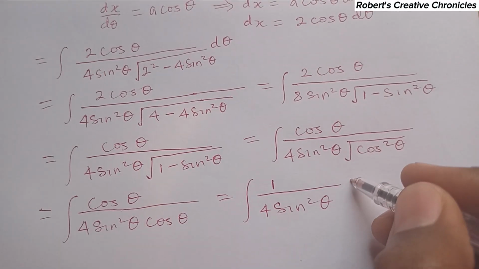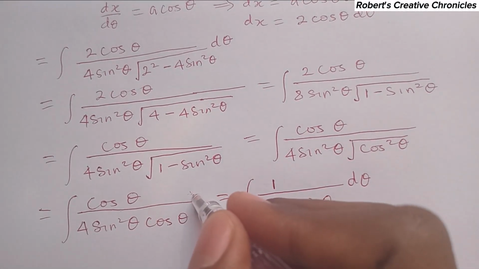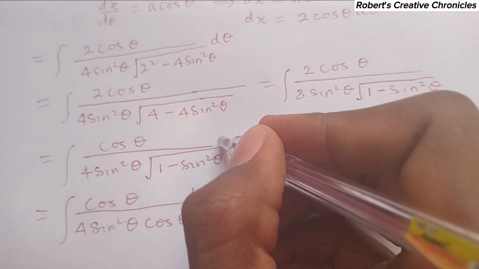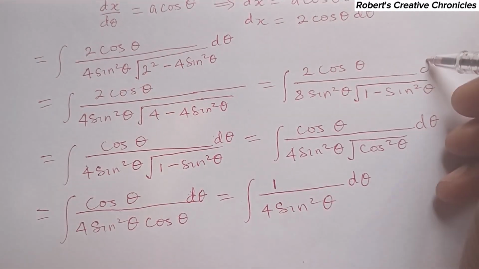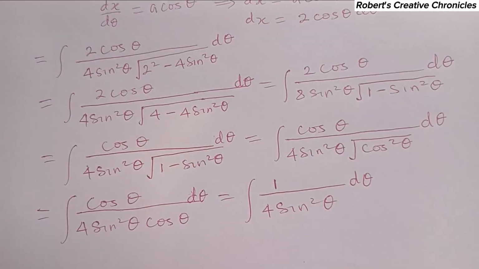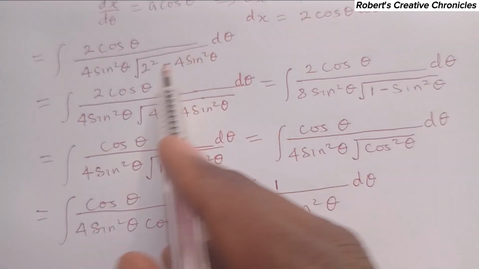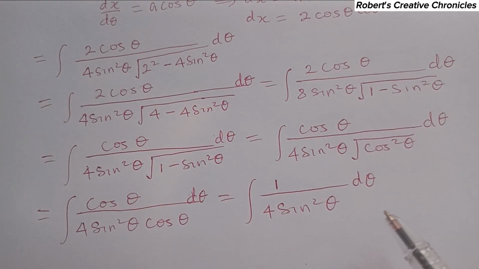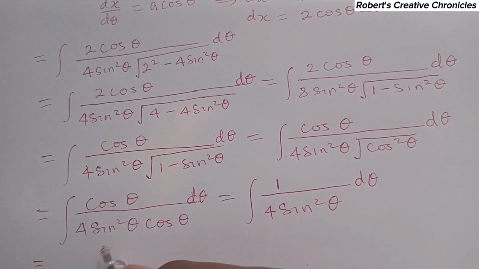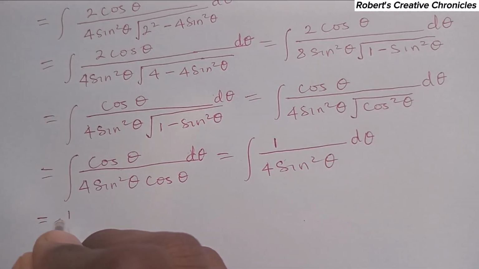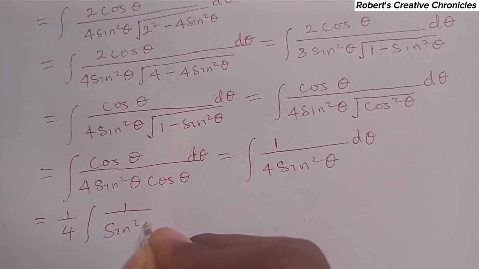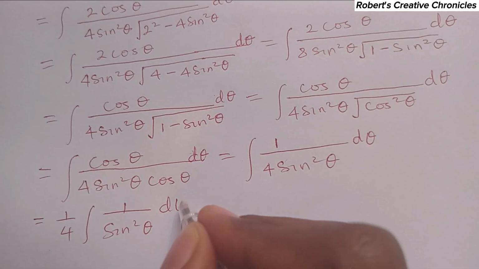So this d theta is multiplying them. Now we'll factorize, or bring out, 1 over 4. It becomes 1 over 4 integral of 1 over sine square theta d theta.